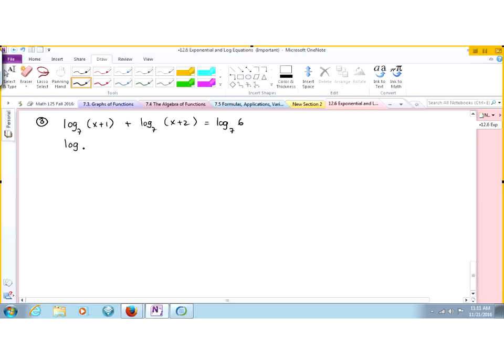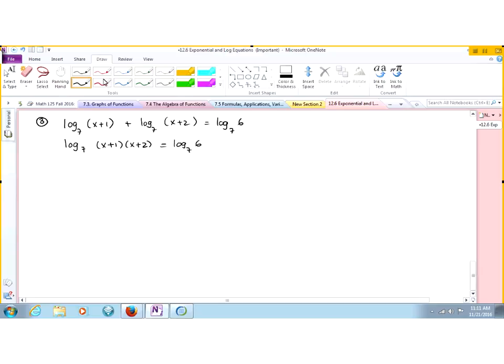Okay, condense it first. So this is log with base 7. Now, think about it. How am I going to condense those two expressions? So this becomes a product, is equal to log base 7 of 6.